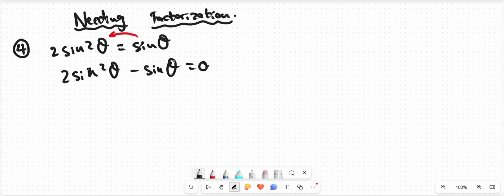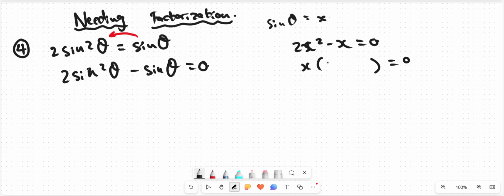Then at this point, if you're not seeing that sine is your common factor, maybe another thing that could help is that you replace your sine with an x, and you should clearly see that 2x squared minus x is equal to 0. Definitely needs us to take out x as a common factor, leaving me with the 2x minus 1. And yeah, these are your two solutions.